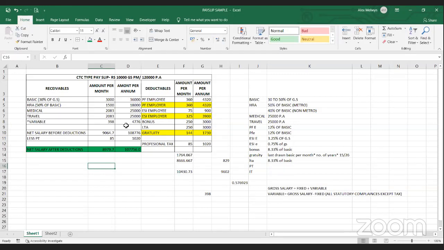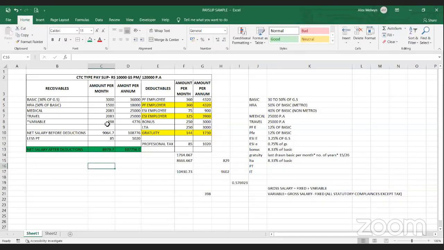If I deduct fixed from gross salary, I get a variable pay of 398 rupees, which covers city compensation allowance, other allowances, special allowances, night shift allowances, all that. They will not directly show that as variable pay. Instead, the 398 rupees is bifurcated into multiple allowances. That is how it works.